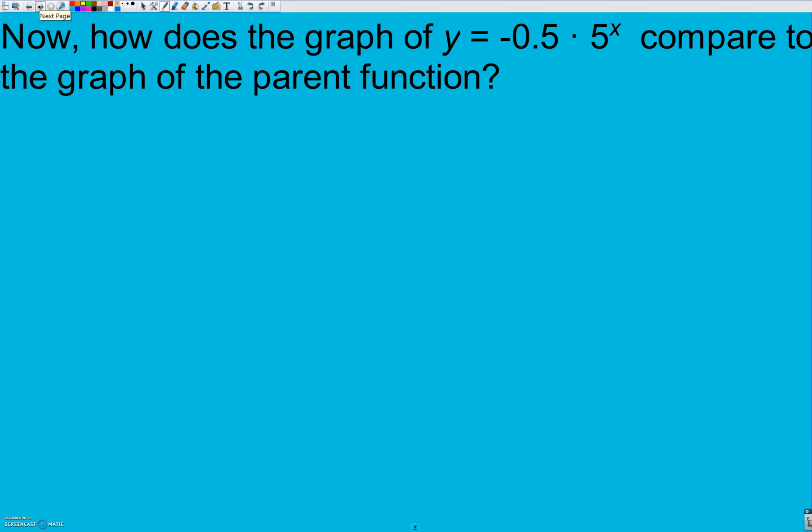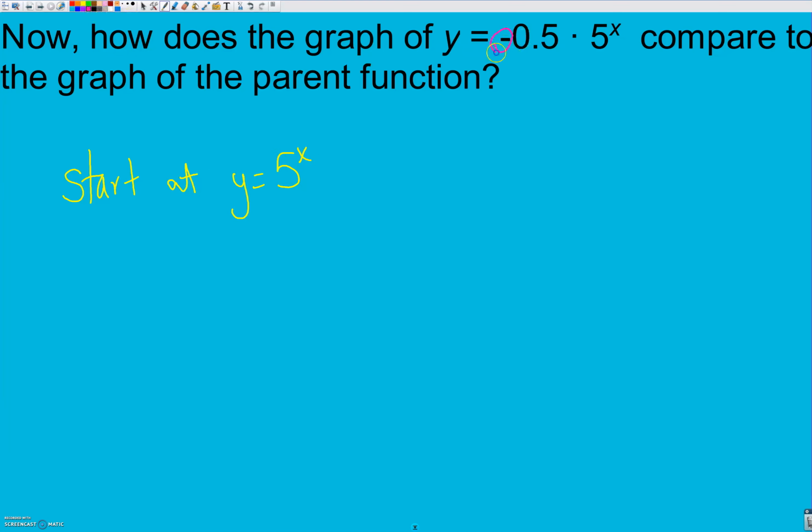Now, how does the graph of y equals negative 0.5 times 5 to the x power compare to the graph of the parent function? Well, our parent function here, where we start at, is y equals 5 to the x power.